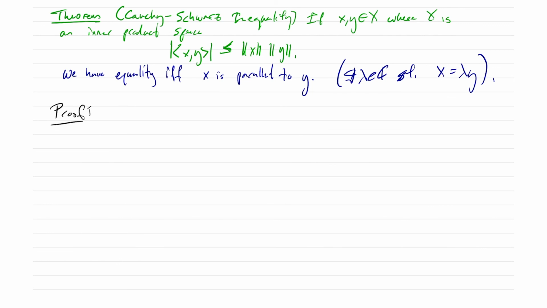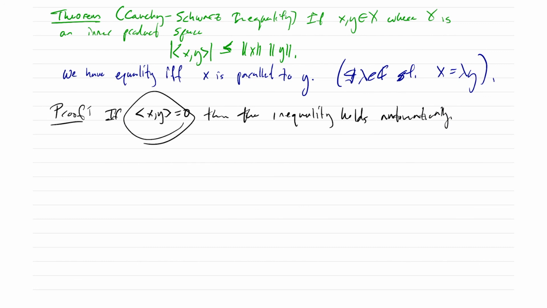I feel like he does a better job of it. It's a really simple proof, but this one just organizes it better. So first of all, if the inner product of x and y is equal to 0, then the inequality holds automatically. By the way, if this is 0, then we say these are orthogonal vectors.